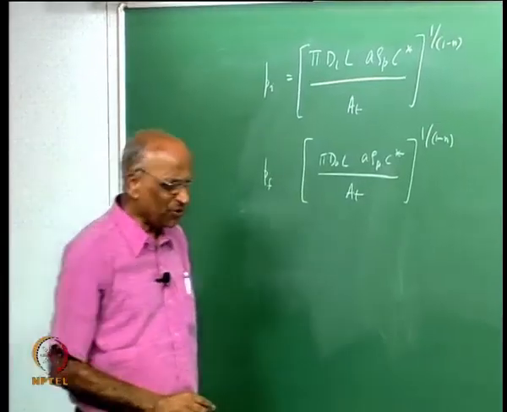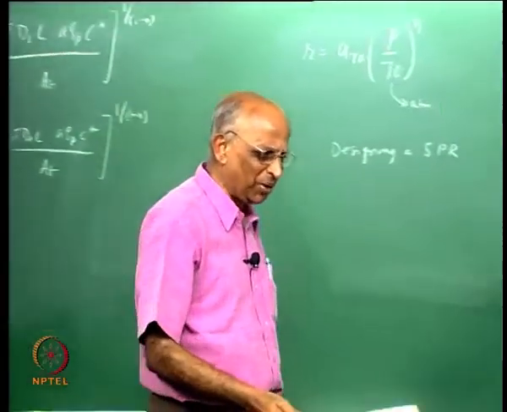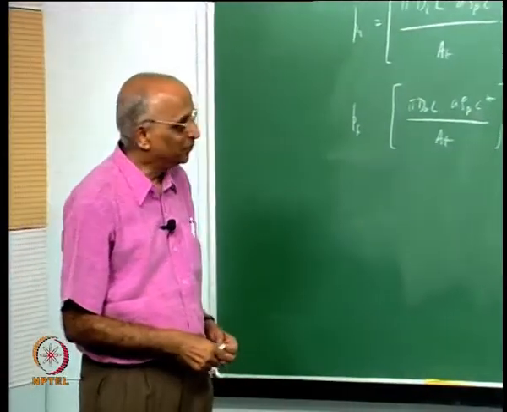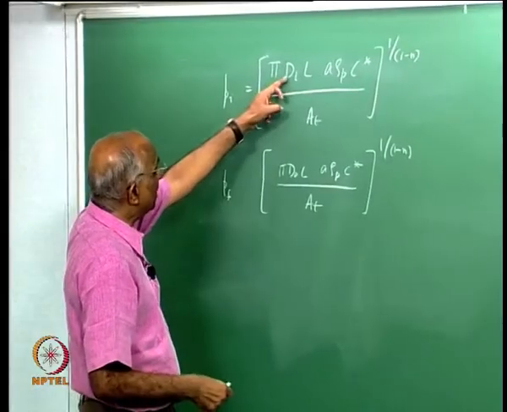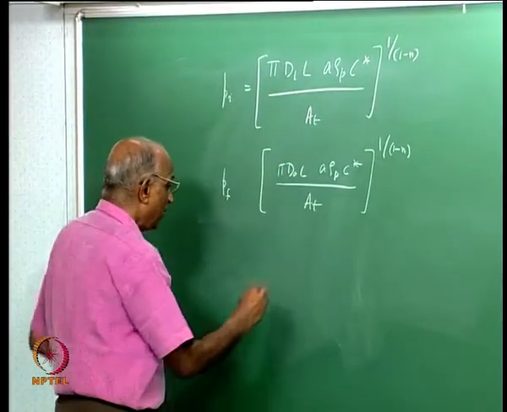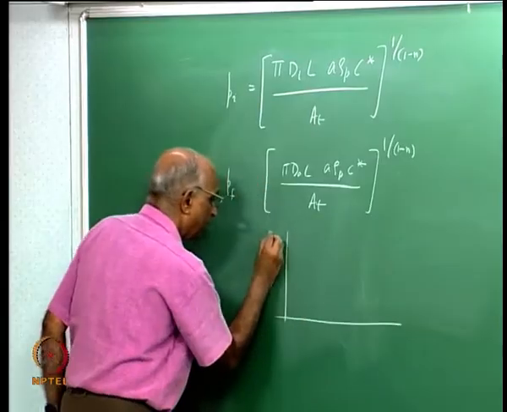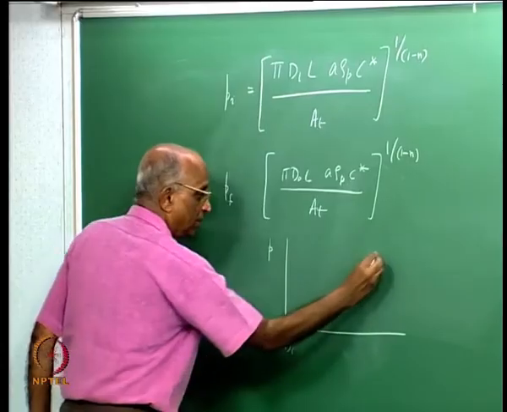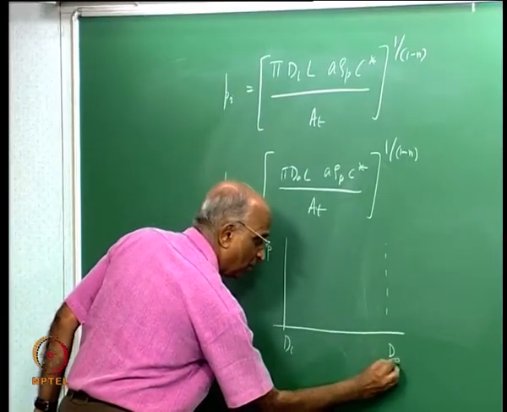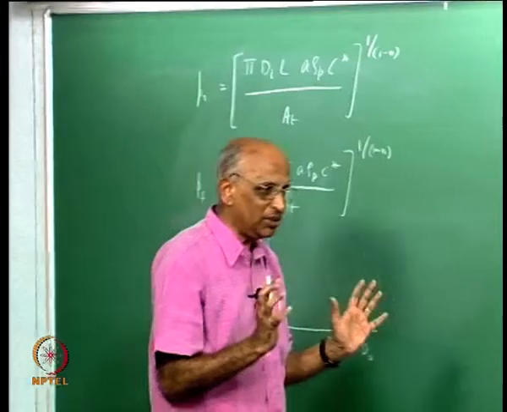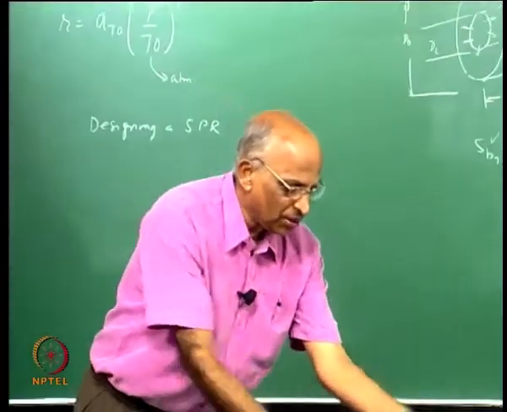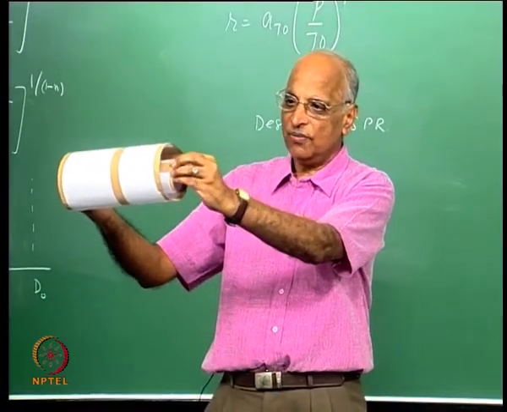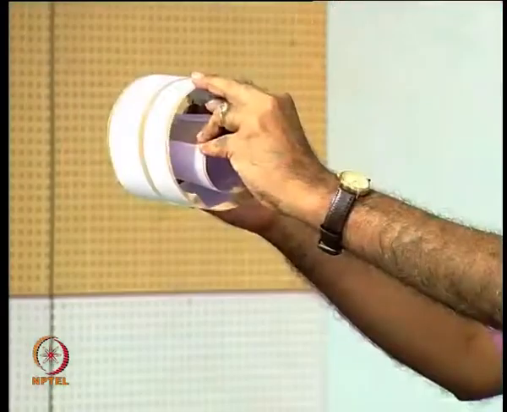Now, is the pressure constant like in an end burning motor, or is it a variable now? How would you look at it? That means d_i has increased to d_o. In other words, if I were to now plot the pressure, initially the diameter is d_i, and the motor burns till the diameter d_o is reached. Let's keep our terminologies very clear. This is the inner surface, it is over here. In between the two I have an annulus, it starts burning from the inner diameter and reaches the outer diameter.